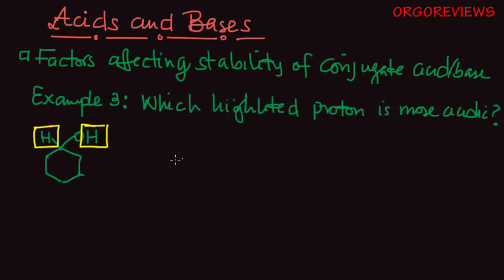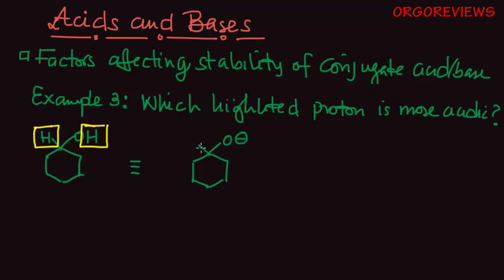In example 3, we're going to look at which of the highlighted protons is more acidic. In order to solve this question, you have to determine what the conjugate bases of each one of the protons are. So I'm going to represent this structure in two forms. I'm going to look at when you have this hydrogen removed and what conjugate base you will form.